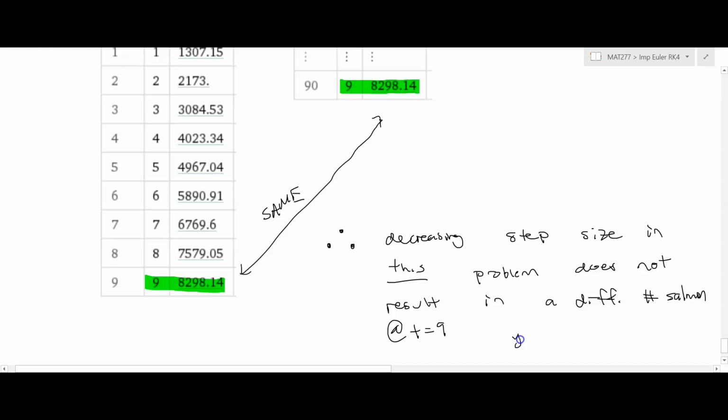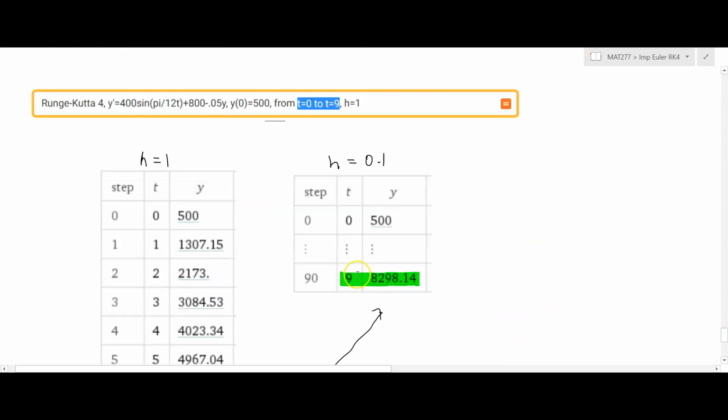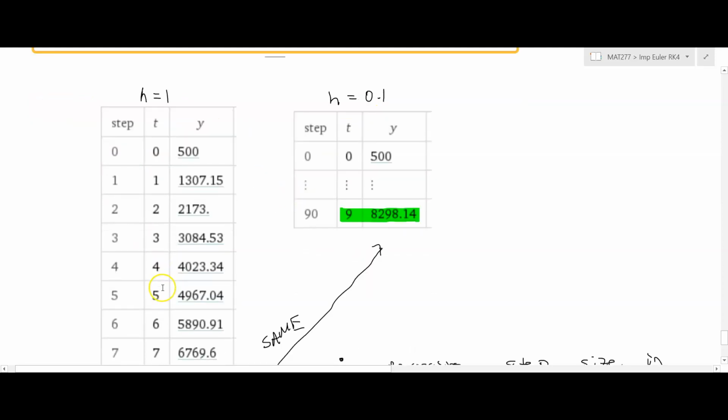So our estimate is that at time 9 there will be about 8,298 salmon in that pond. So you can see we were able to model really quickly a complex phenomenon, and choose our step size even though we didn't have the solution to which we could compare our estimates.